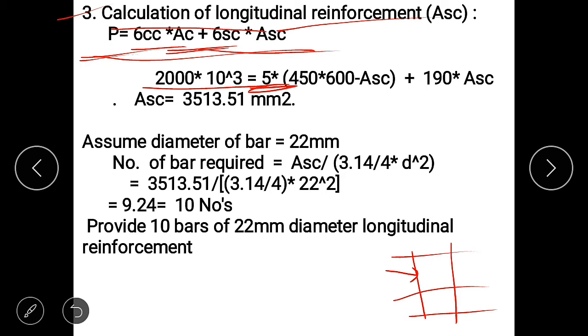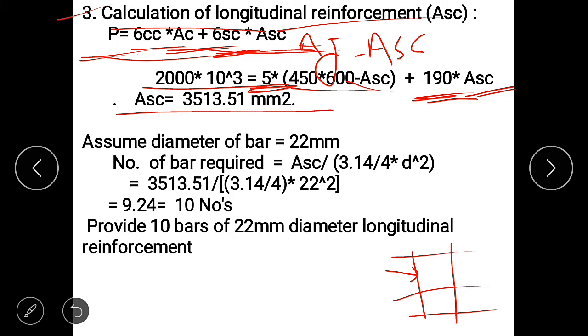So area of concrete, how do we calculate it? AG minus ASC. Here AG is the gross area of column, 450 by 600, minus ASC, plus sigma SC is 190. From table number 22, we take for Fe415 the value of sigma SC as 190. Into ASC, we have to find here ASC.